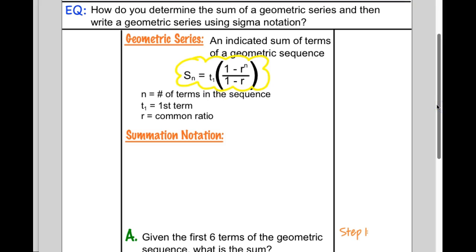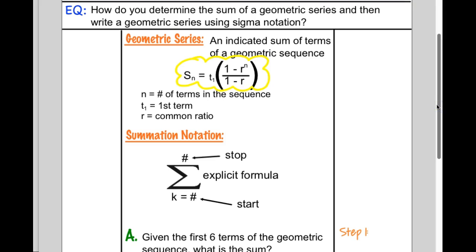And then we have summation notation. So we come back to our wonderful formula we've seen before. Number on the top is our stop. Then we have our explicit formula, and then we have k equals our number, which is our starting point. Remember, this is always going to start with 1. But here's the nice thing.